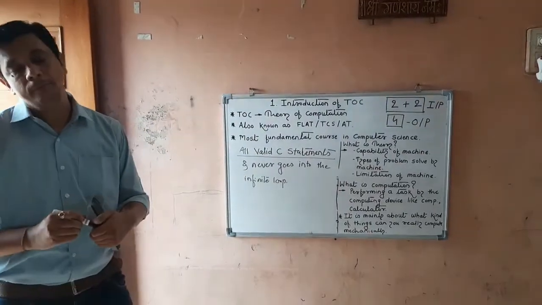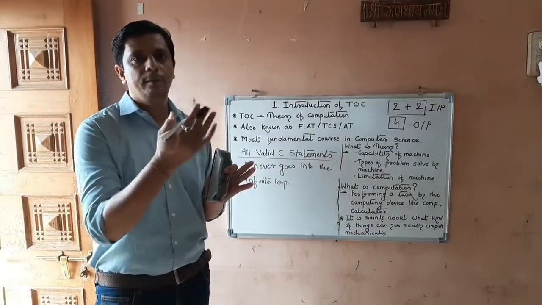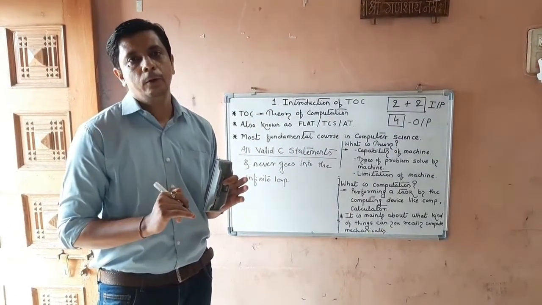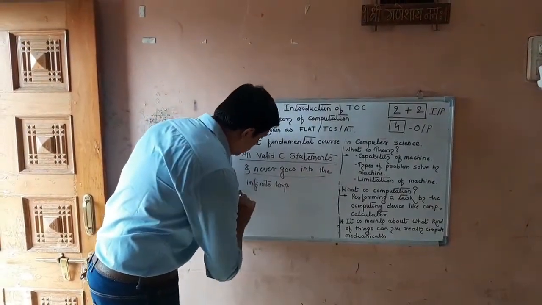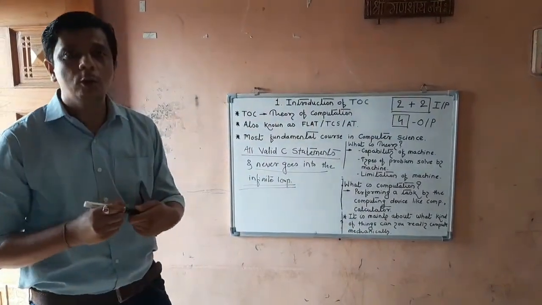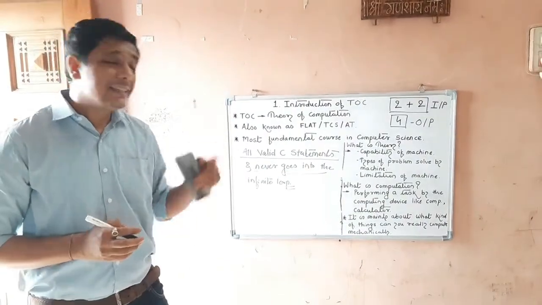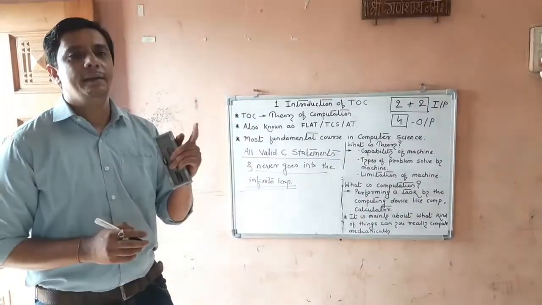Up to this statement we are fine. The machine is working well, all the inputs are accepted. But the second statement says never goes into the infinite loop. How does the machine decide that the code does not go into an infinite loop? This task cannot be checked mechanically.